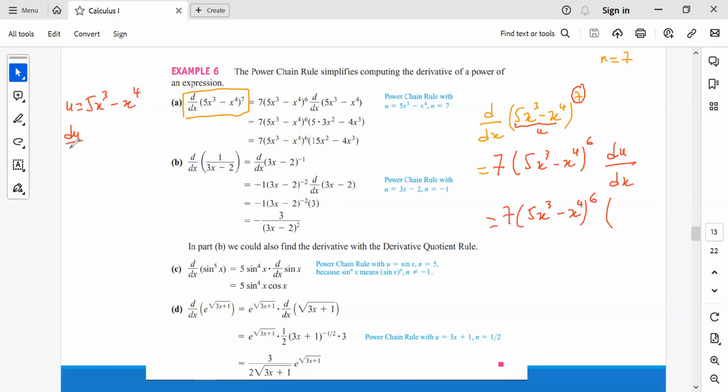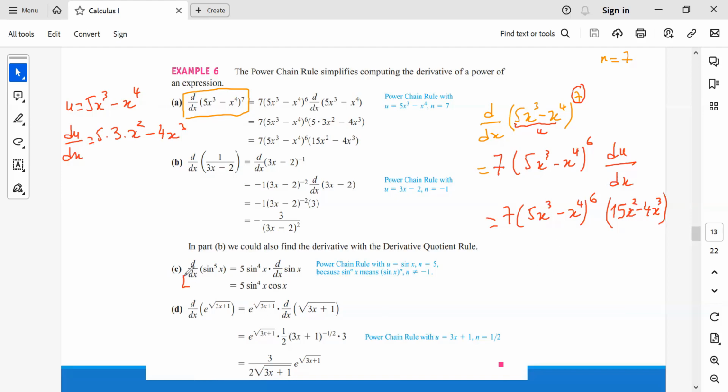So du with respect to x is 5 times 3 times x squared minus 4x cubed, using the derivative of the power function. So times 15x squared minus 4x cubed, and we are done.